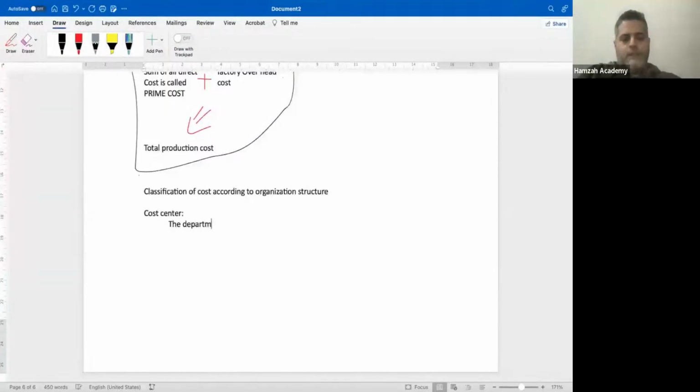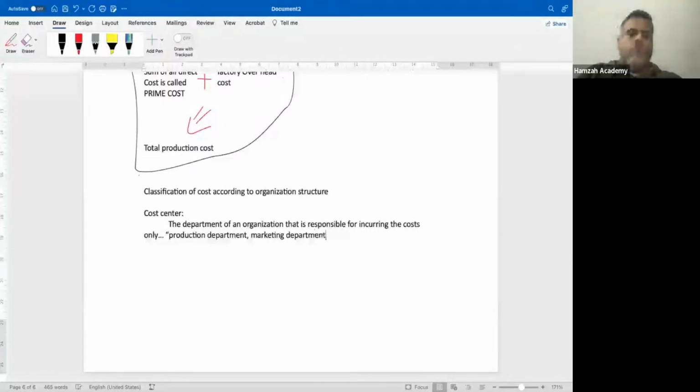Cost center is the department of an organization that is responsible for incurring the costs only. So the department of an organization that is responsible for incurring the costs only, that is production department, marketing department, right? Or etc. They are the departments which are solely and explicitly responsible for incurring the costs.